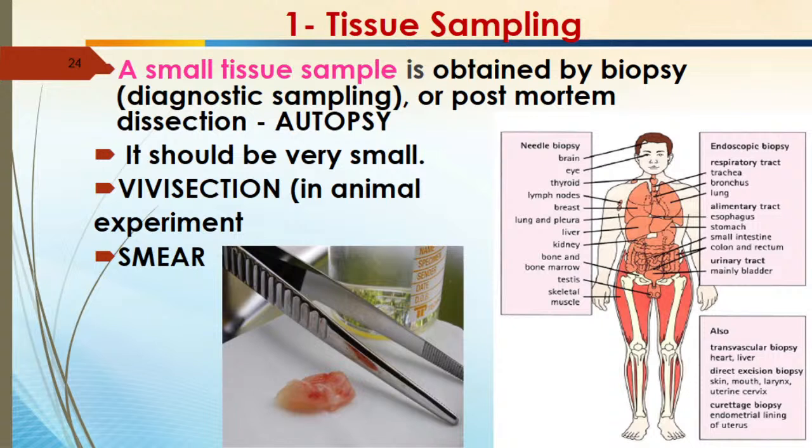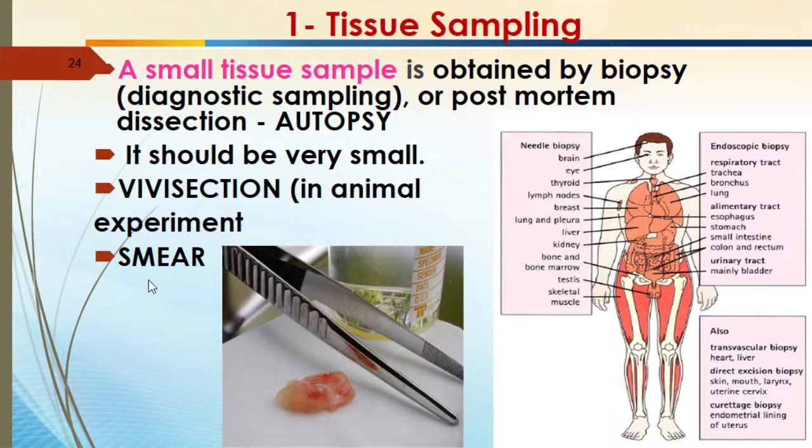And the sample should be very small. If we use an animal experiment, it is named vivisection, cutting a part of the animal's organs.